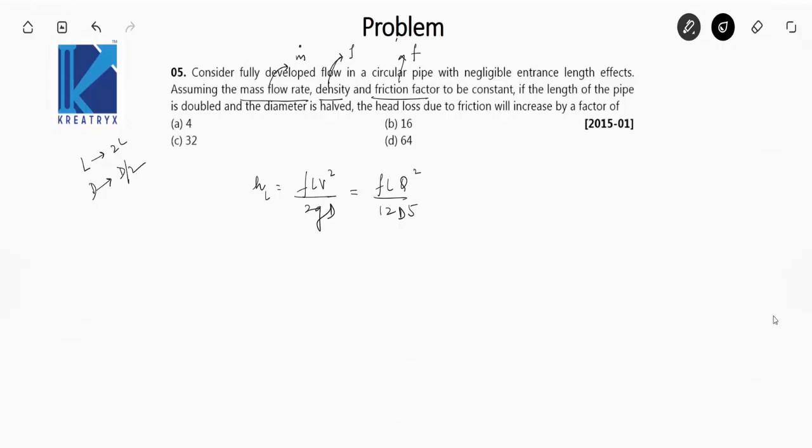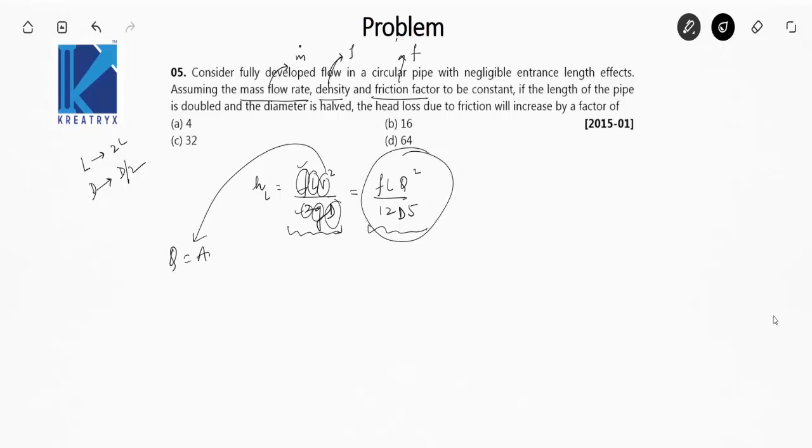Should we use this or should we use this formula to be more convenient to solve this problem very easily? We should use this one. Why? Because here F is constant, G is constant, 2 is constant, L is varying, D is varying, and velocity is a function of D. I mean, velocity will depend on D.